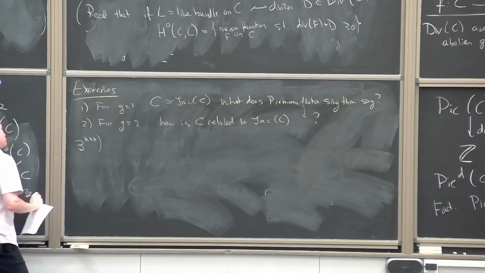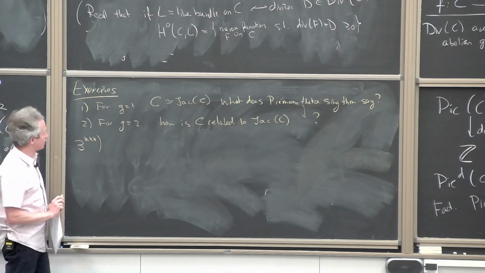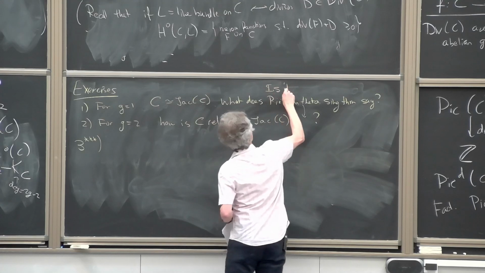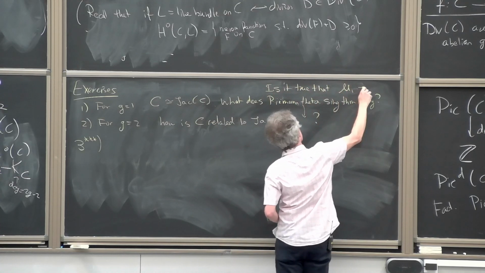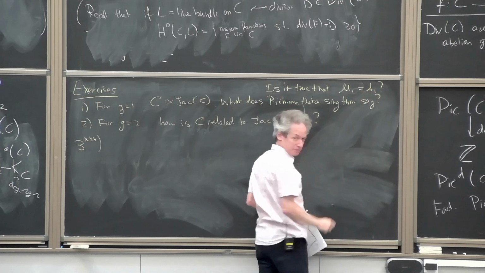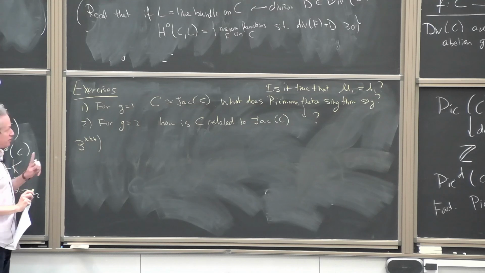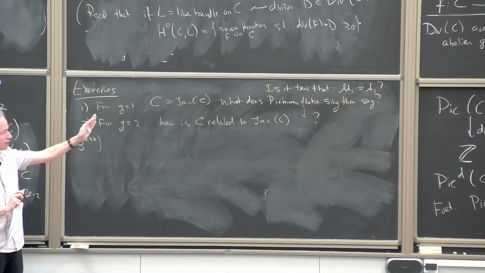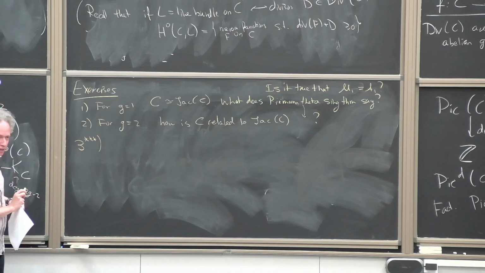Oh, is it true that M1, the moduli of curves of genus 1, is equal to A1? Okay? I don't want to comment on that, and Pasha will not comment on this now. This question admits both answers, yes and no, depending on how you think about it. Both are correct. Okay?